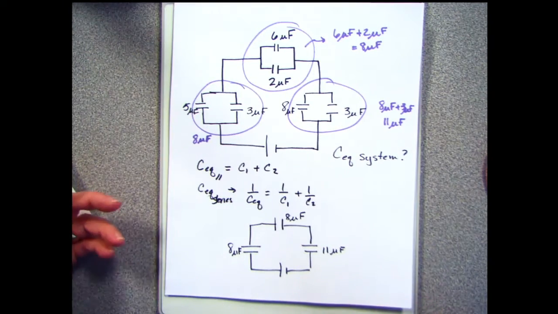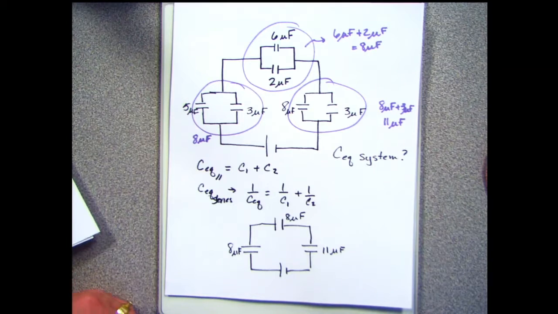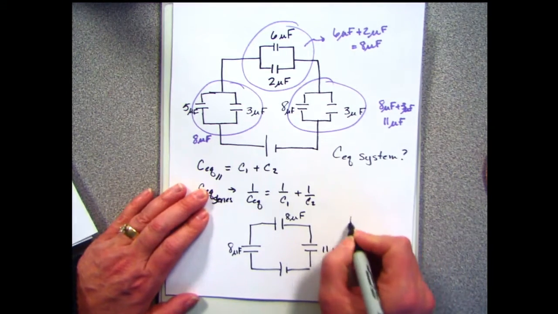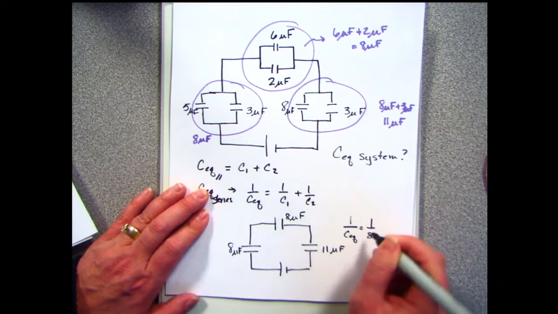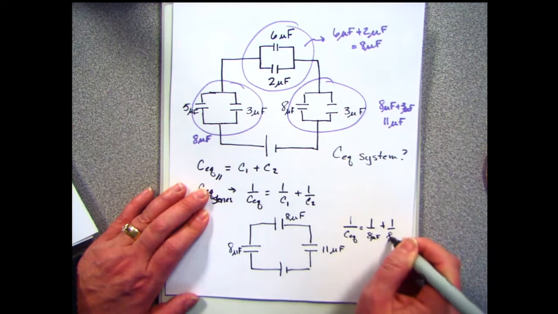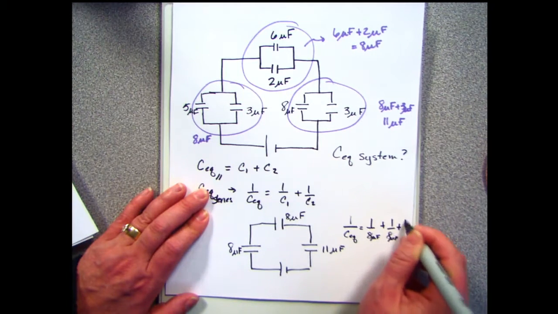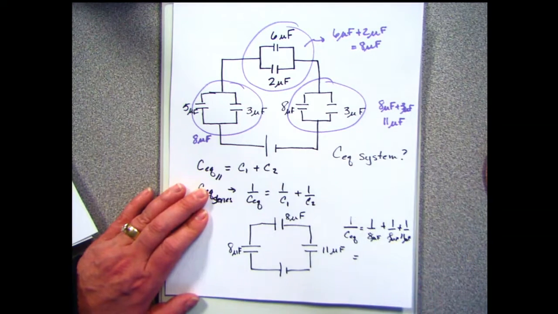So now 1 over CEQ is equal to 1 over 8 microfarads plus 1 over 8 microfarads plus 1 over 11 microfarads. You can do the least common denominator gig. So now I get 88 on the bottom, because 8 times 11 is 88.